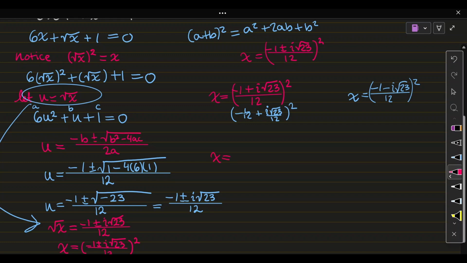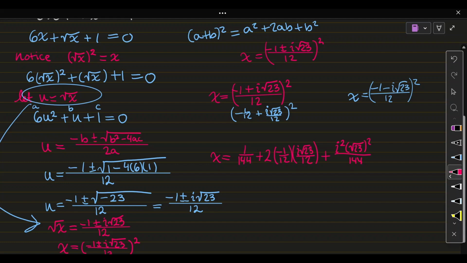So my x is equal to a squared, which is negative 1/12 squared, which is 1 over 144, plus 2ab, so plus 2 times negative 1 over 12, times b, which is i square root 23 over 12, and then, let's see, plus b squared. So i times the square root of 23 over 12, this is i squared times the square root of 23 squared over 144.